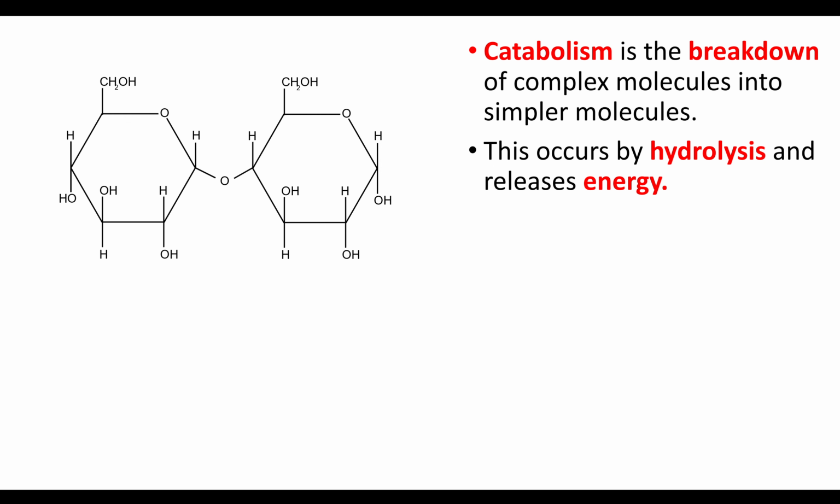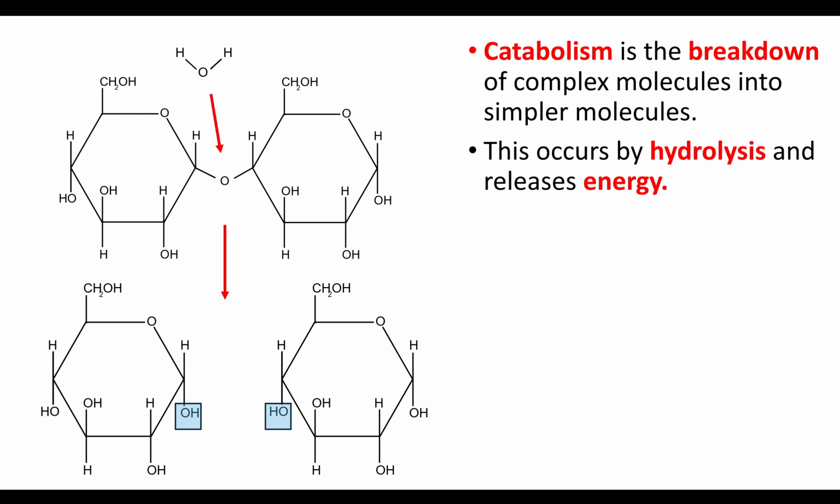Lysis means to split, hydro with the addition of water. So by adding water in, we can release energy by breaking the macromolecule, that complex molecule, down into the simpler molecules, the monomers.